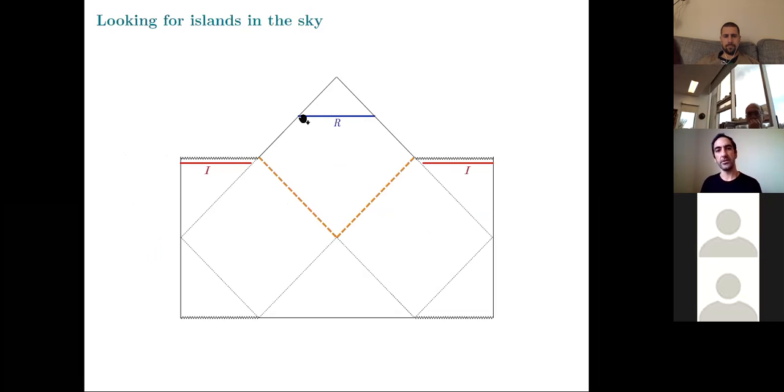But drawn this way, what this picture is supposed to inspire in one's mind is potentially something like eternal inflation. In eternal inflation, we believe that there are these stable supersymmetric flat bubbles that appear. So this orange dashed line where we glued 2D de Sitter space to 2D flat space is supposed to represent a Coleman-de Luccia bubble nucleation of a stable supersymmetric bubble.